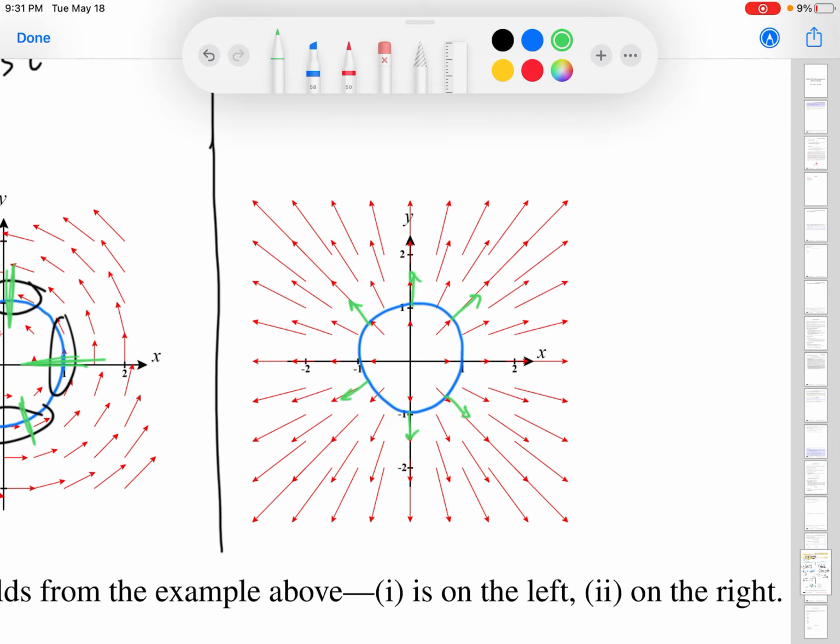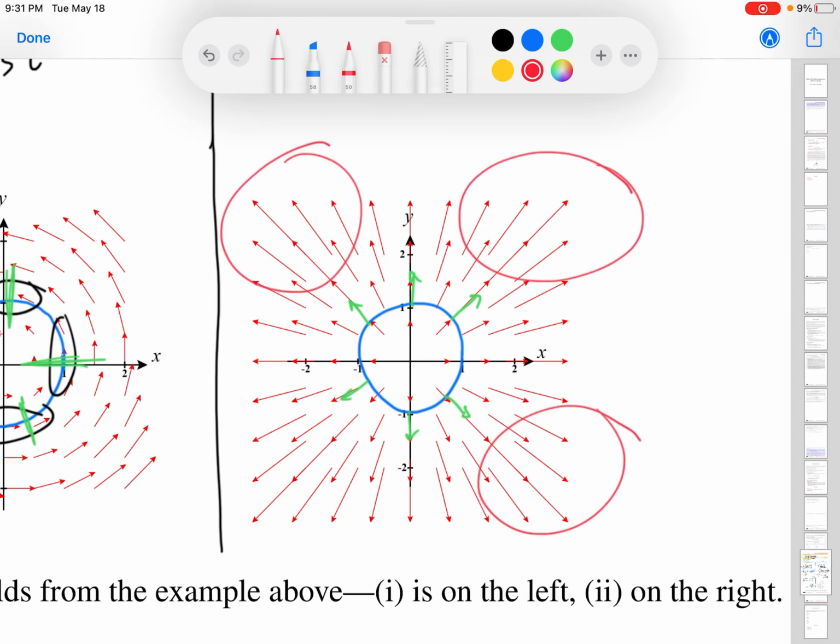So if you think about this curve C as a fictitious circle, this kind of hula hoop analogy, and you think of the vector field as the velocity field of water in a stream, then it is rushing by this curve C in exactly the same direction at all points. It's going out of the curve C. So there is fluid moving through the curve C, all moving outward.